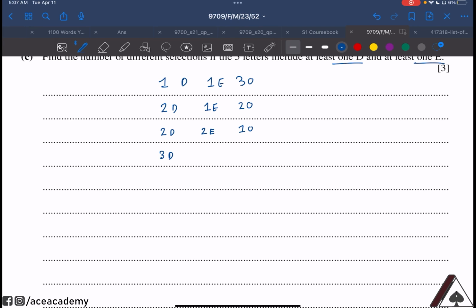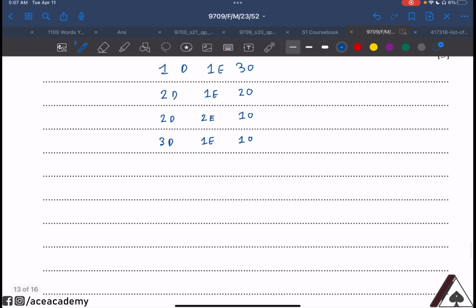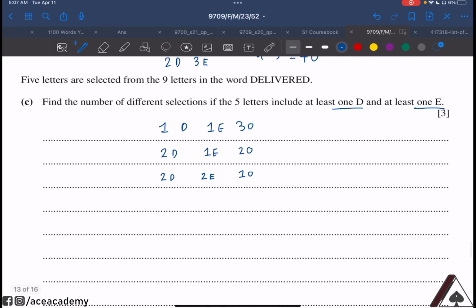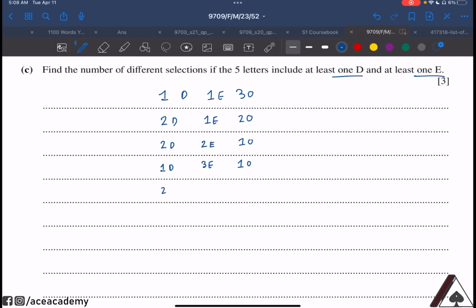3 D, 1 E, 1 other letter. Oh no, there are actually not 3 D's, so this won't be correct. Then there's 1 D, 3 E, and then 1 other letter. Finally, there's 2 D and 3 E and 0 other letters.